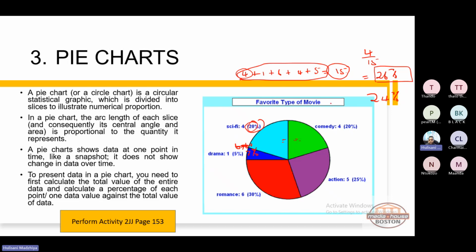So be able to calculate 24%, which is going to be a specific angle within your whole circle, following the first, second, third, and fourth quadrant. So you'll still be able to apply that.